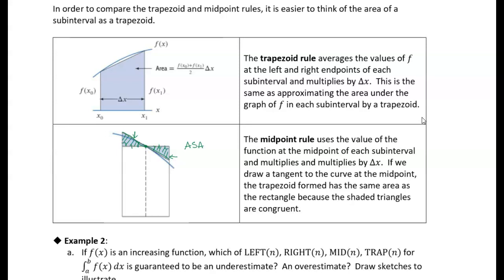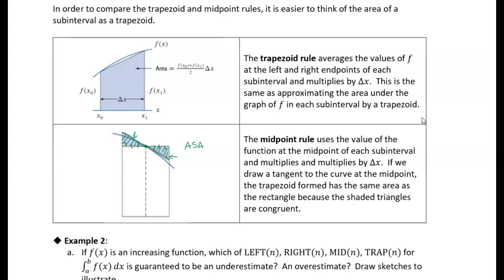And that makes it a little easier to compare these values for the trapezoid and the midpoint rule, because as I said before with that last example, it was hard to see whether the midpoint rule gave you an overestimate or an underestimate.